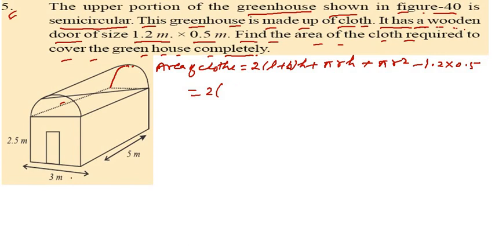Length is 3, so you have to write 3 plus 5 is breadth and height is 2.5, so it is 2.5 plus pi is 22/7. So first of all we can say pi is only pi r. How can we find the r? So you can say it is 3 meters, so r is 3 by 2 meters.